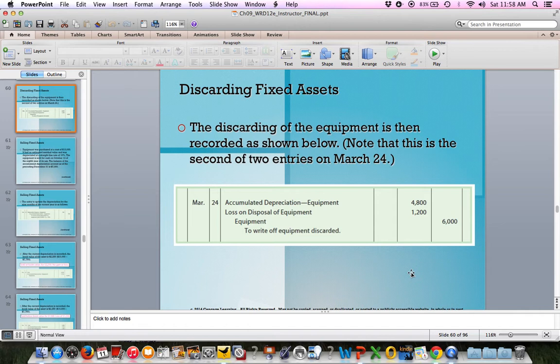The asset did not last as long as I thought it would, so I have to catch that all up now, and the only way I can do that is to debit the loss on equipment disposal. So when an asset is disposed, we credit the asset cost, we debit the accumulated depreciation taken, and whatever difference there is going to be a loss.